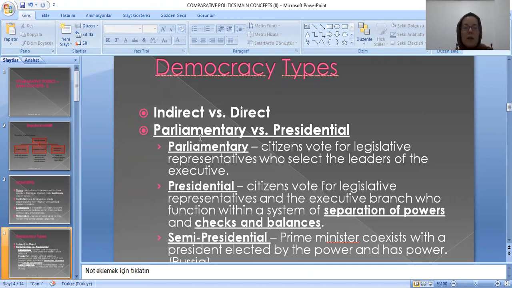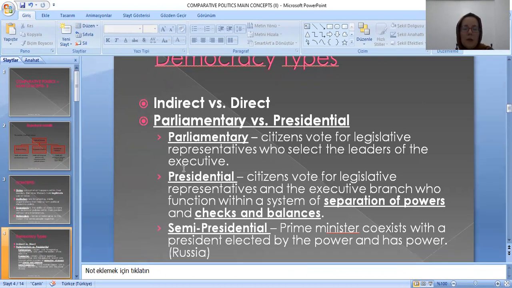Presidential democracy refers to the type where citizens vote for legislative representatives and the executive branch, who function within a system of separation of powers and checks and balances. Semi-presidential system is a system where a prime minister coexists with a president elected by the people who has power. For example, Russia is an example of a semi-presidential system.